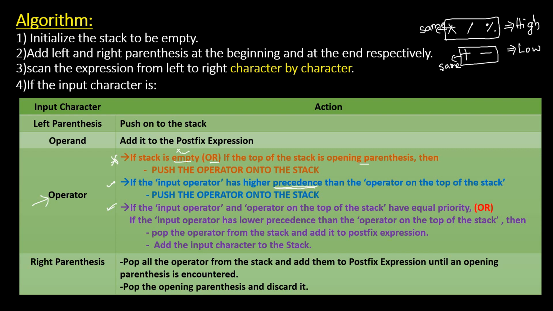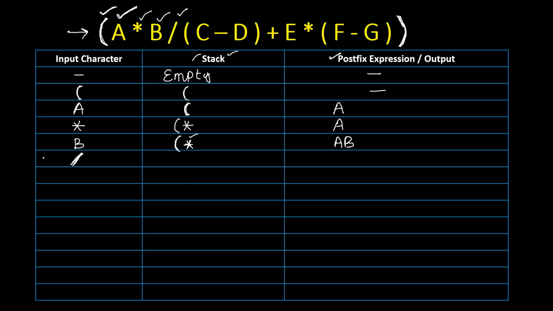Now in these 2 points, mainly we are going to do the comparison between the input operator and the operator on the top of the stack. What is the input operator? See here, this is the input operator or input character. We have to compare this one with what?